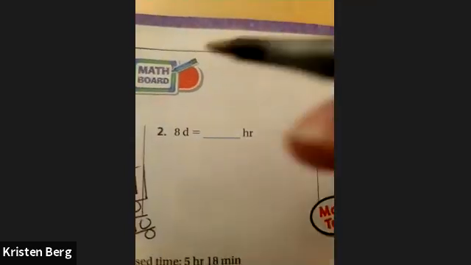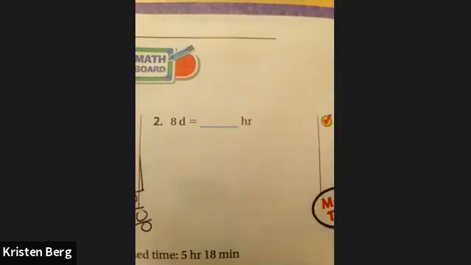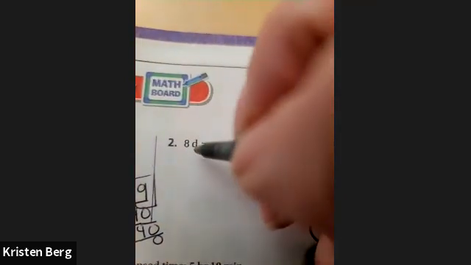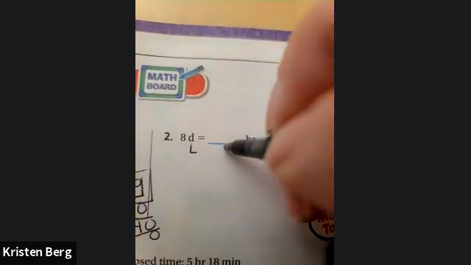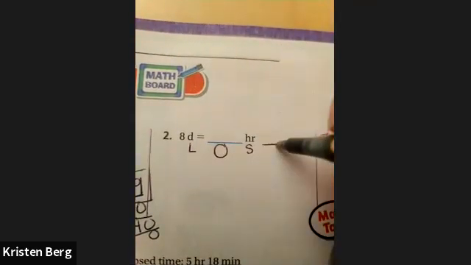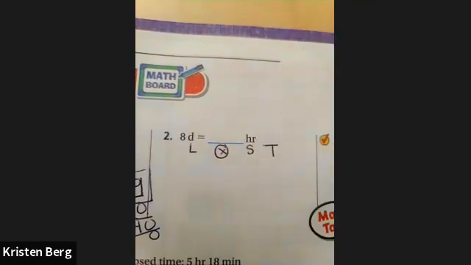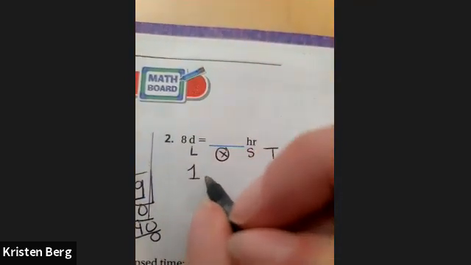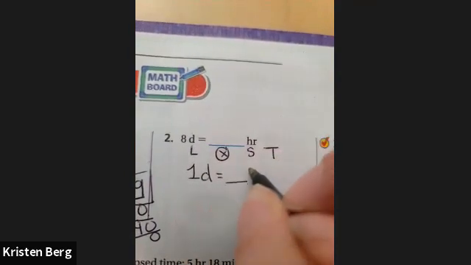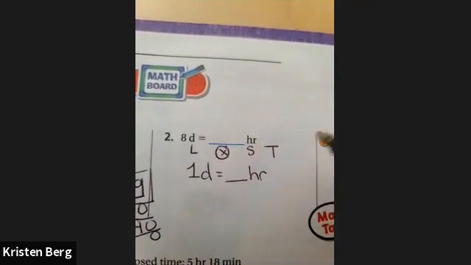All right, next one. A day or an hour, which one is more? Well, that is definitely your day. So this is your small. So then if you want to do this, you're going to be spelling out the word lost, which means times. So then 1 day, one of our large, which is day, equals how many hours? Now remember that conversion chart is over here. 1 day is 24 hours.